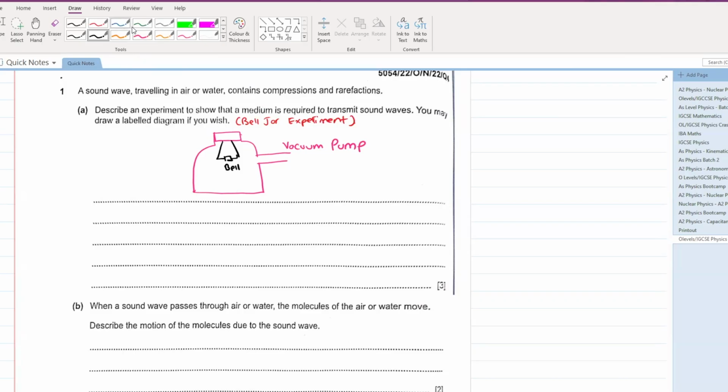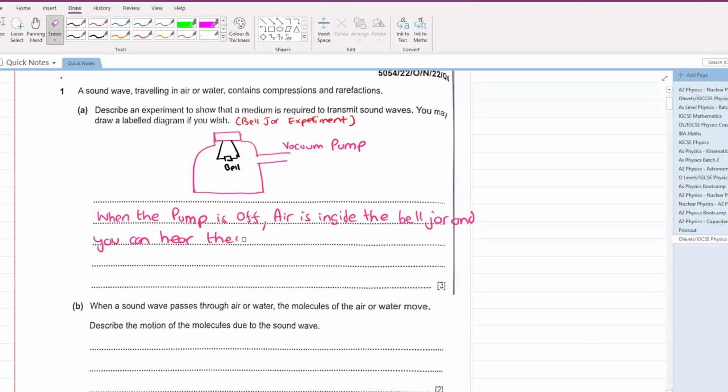Now, when the pump is off, suction pump, vacuum pump is off, air is inside the bell jar, and you can hear the sound.